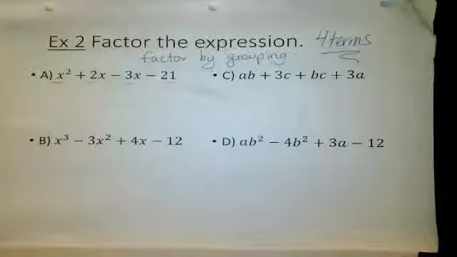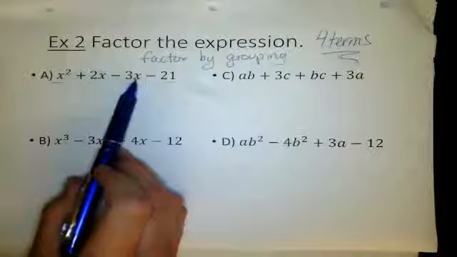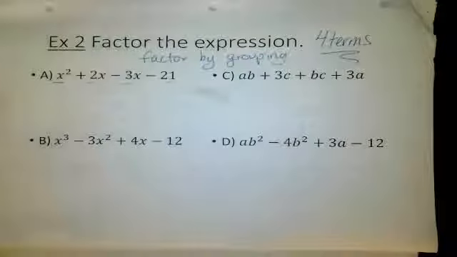So it could work for 2 terms, or 4 terms, or 6 terms, or 8 terms. Factor by grouping is a great method. And guess what? It's the same thing over and over again. It's looking for a GCF over and over and over again. So I know some of you are noticing this is 2x minus 3x, which isn't that just a negative x? It could be. We're going to show you it works this way too.